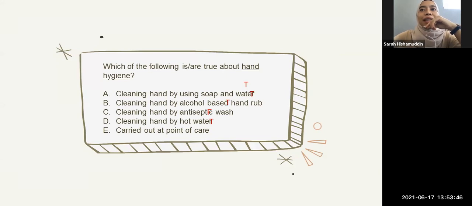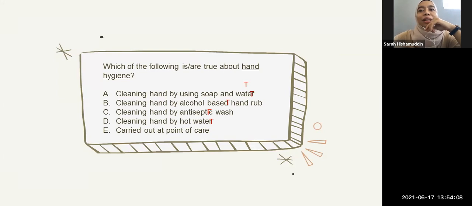Because basically hand hygiene includes hand rub and hand wash. So hand rub uses an alcohol base, and for hand wash, you can use either plain soap or antimicrobial soap with water. Okay, and then D, cleaning hands with hot water, I don't think that will be true because it will just burn your hand.